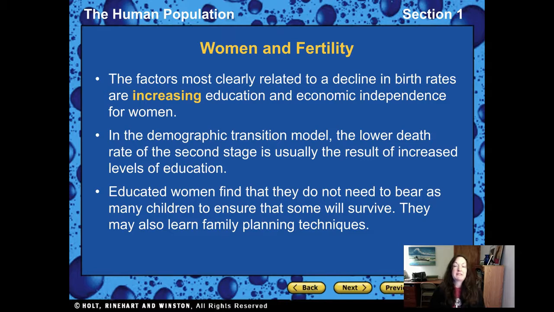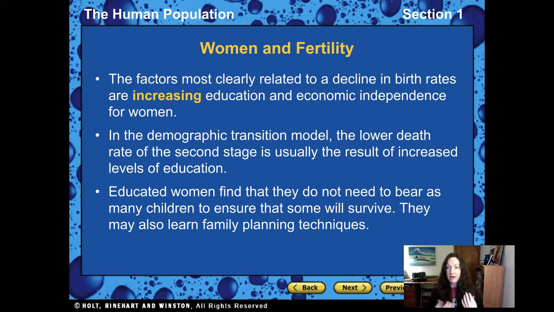Now, one of the biggest things that contributes to population growth is the status of women. So increasing education and economic independence for women is the key thing for reducing population growth. So in the demographic transition model, the lower death rate of the second stage usually happens because of an increased level of education.